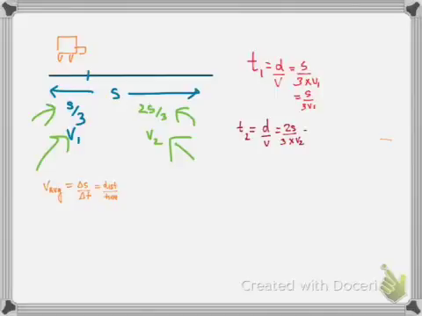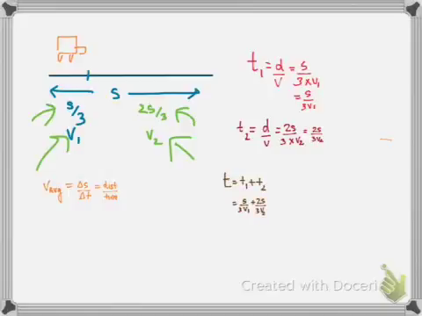Therefore, the time is 2s by 3 v2. So what is the total time taken? The total time t is equal to t1 plus t2, which is s by 3 v1 plus 2s by 3 v2.